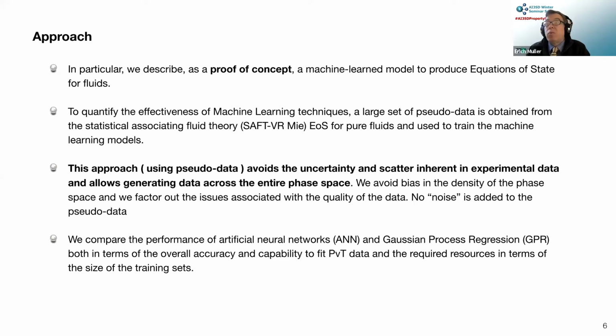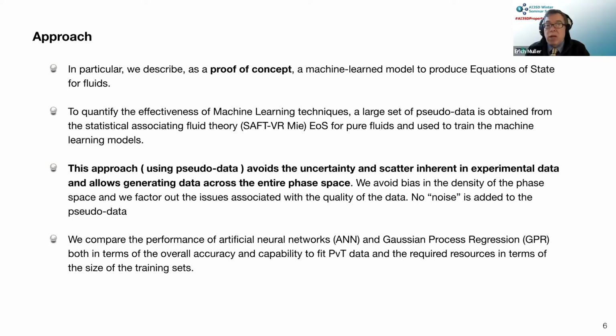Furthermore, the whole point, as we all know, of machine learning is to manage large databases and to obtain relationships by the sheer size of the database allowed. So that's not usually the case. If you start focusing on, let's say, we want an equation of state for alkanes, or we want an equation of state for biodiesels, you're starting to limit your family, and you're starting to limit the amount of data that are available.